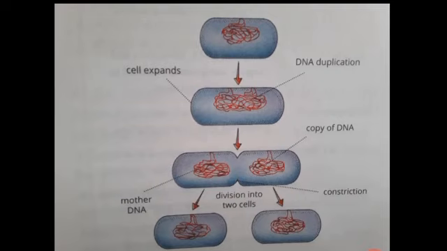Asexual reproduction in bacteria by binary fission usually occurs in favorable conditions. So during fission, what happens? This bacterium divides into two. Cell division is preceded by the duplication of the DNA that is present inside there.